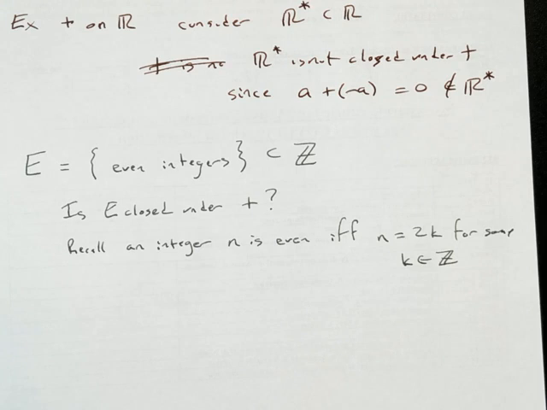So now that I have this definition, I should be able to show that when I add two even things, I get another even thing. How do I do that?